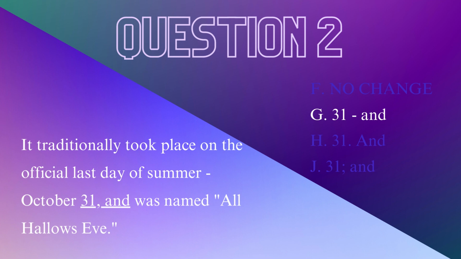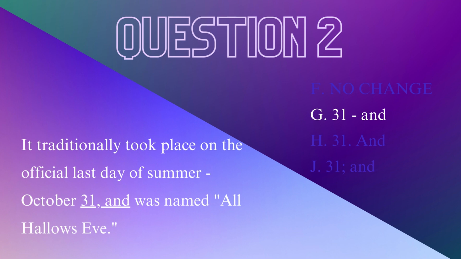Think of these dashes like bookends, all right? If we have one, we need the other. And could I get rid of what's in between the dashes and the sentence would still make sense? Yes. It traditionally took place on the official last day of summer and was named All Hallows Eve. Yes, it makes sense.